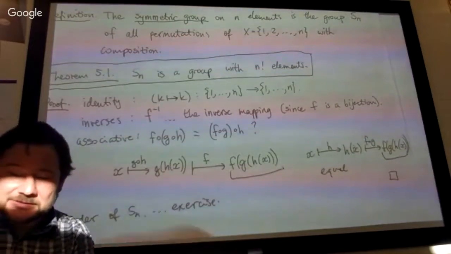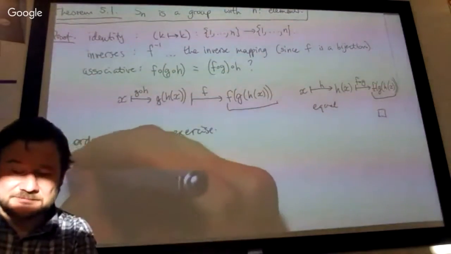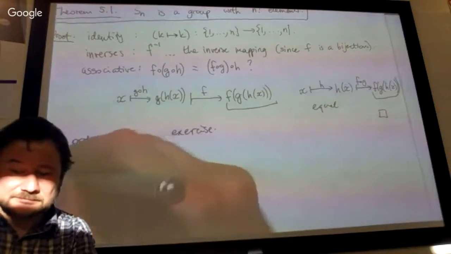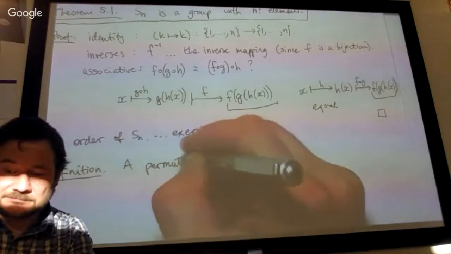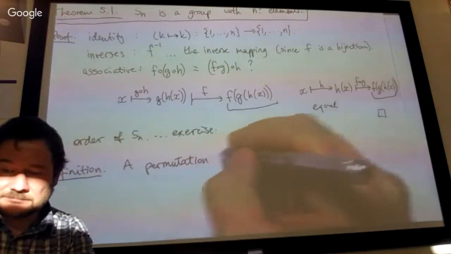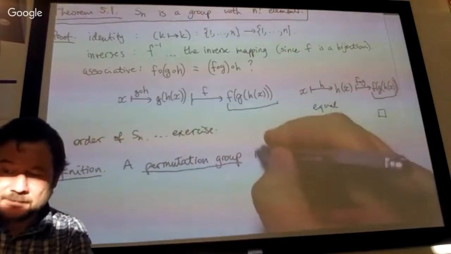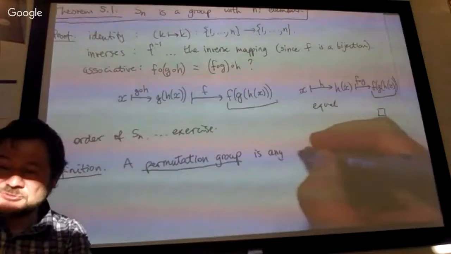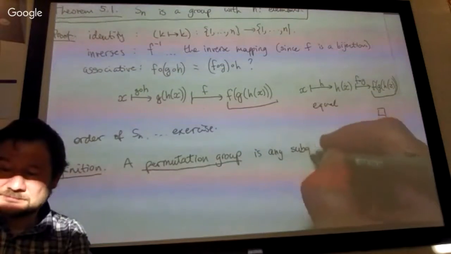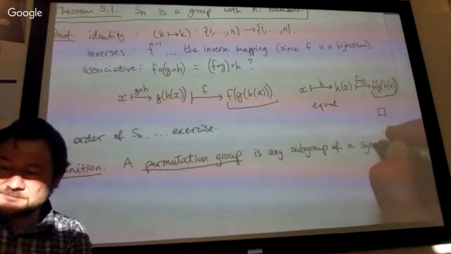Now, the next definition is what is a permutation group. So a permutation group is any subgroup of a symmetric group.